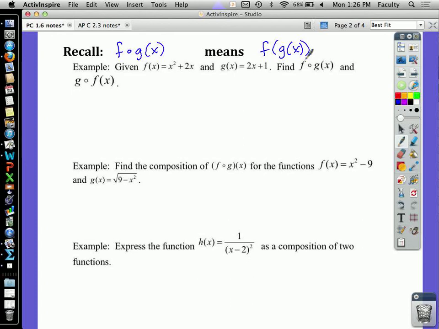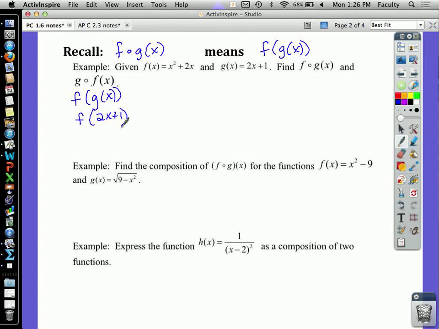So let's review this. If f of x is x squared plus 2x, and g of x is 2x plus 1, if I want to do f of g of x, that means we are going to plug g of x as the input into f of x.